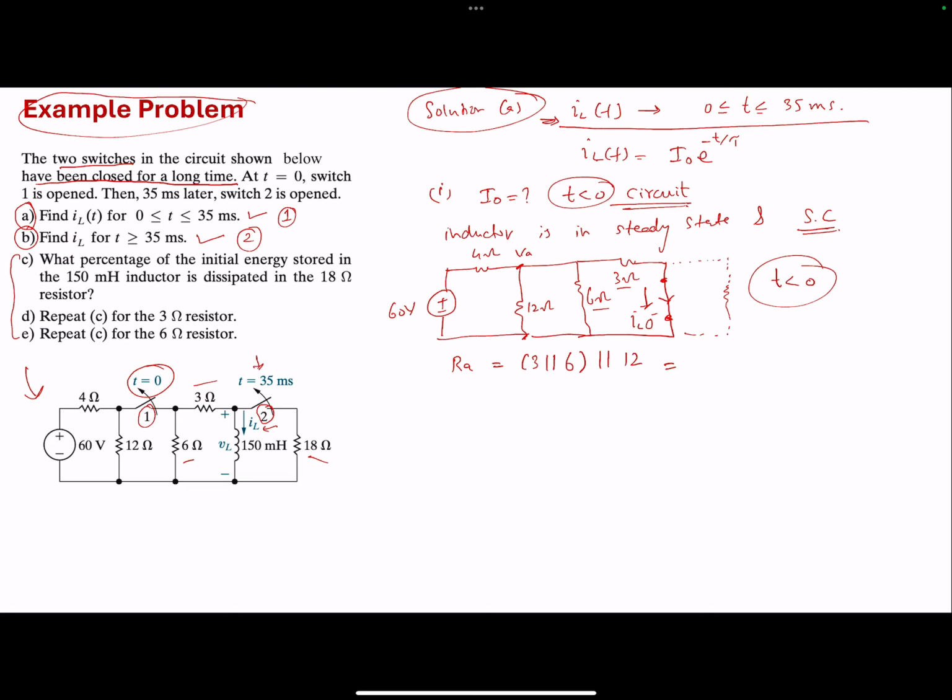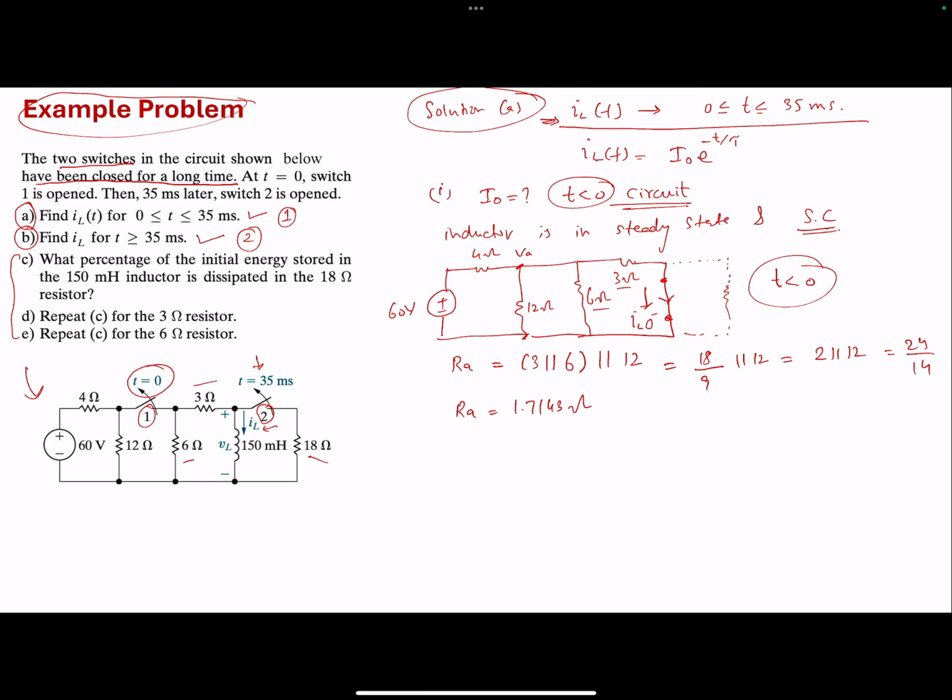So 3 times 6 is 18 divided by 9, which is 2 ohms, in parallel with 12. So RA comes out to be 12 times 2 is 24 divided by 14, so the value of RA is 1.7143 ohms.